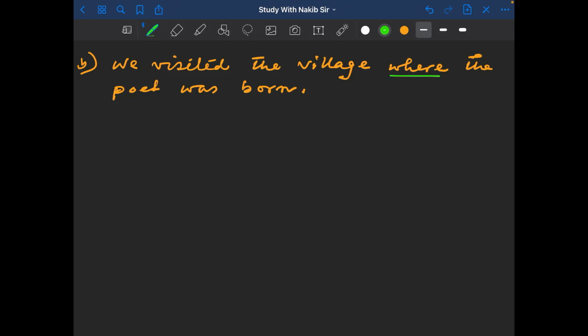You know, where the poet was born is an adjective clause. Okay, where the poet was born is an adjective clause.